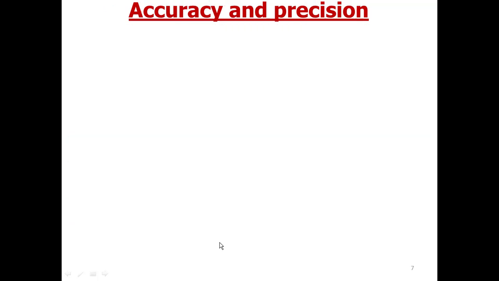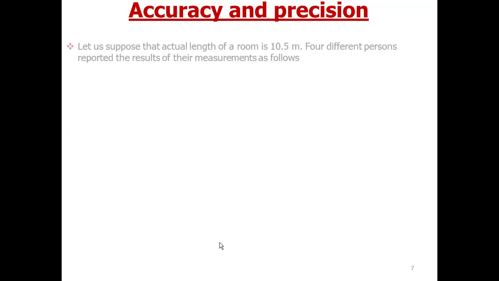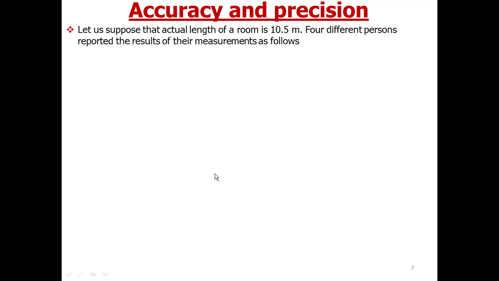Now let us try to understand this with an example. Let us suppose there is a room and its actual length is 10.5 meter. So we know its actual length, and we gave the task to 4 different persons to note the length of the room.